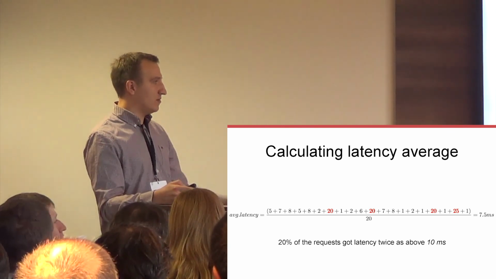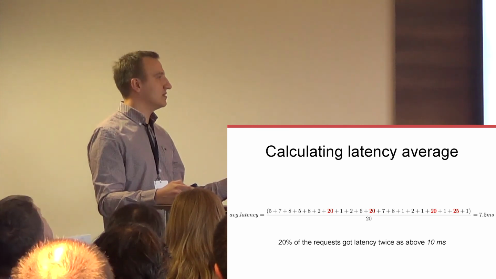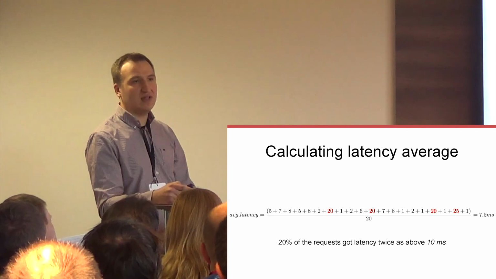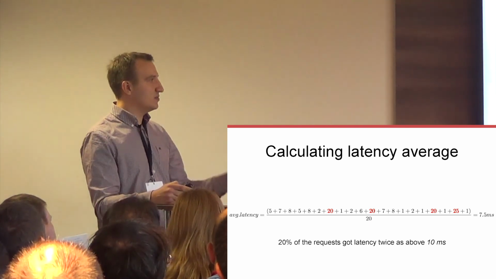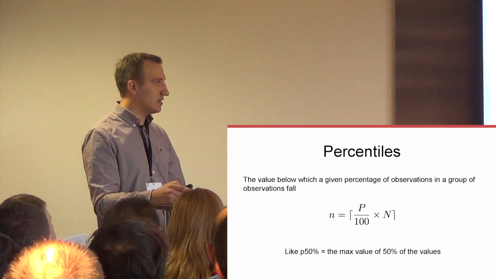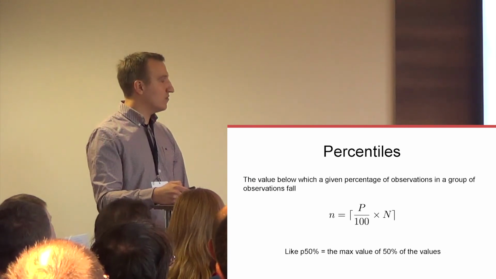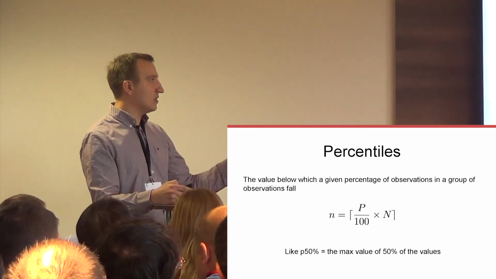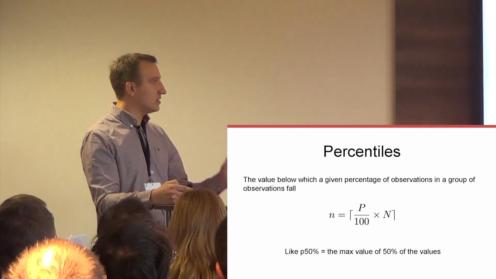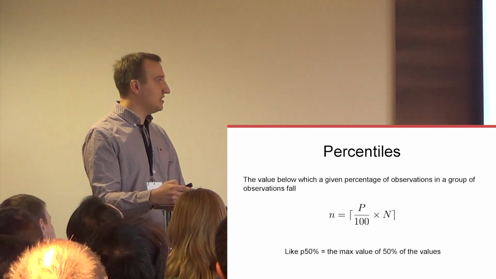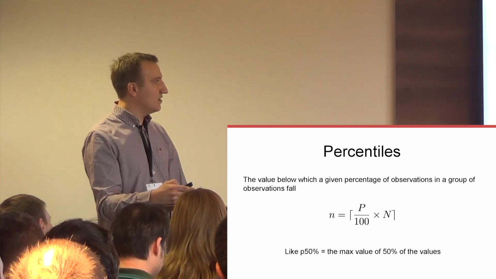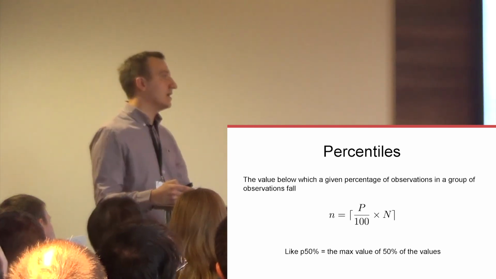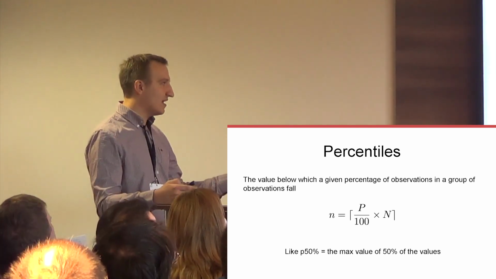So the 50th percentile would be the max value of 50% of the values, and this is basically the formula to calculate it. For our previous example, we just sort all the latencies we recorded, and the 50th percentile would be 5, the 80th percentile would be 8, the 90th and 95th, and the 99th 25.